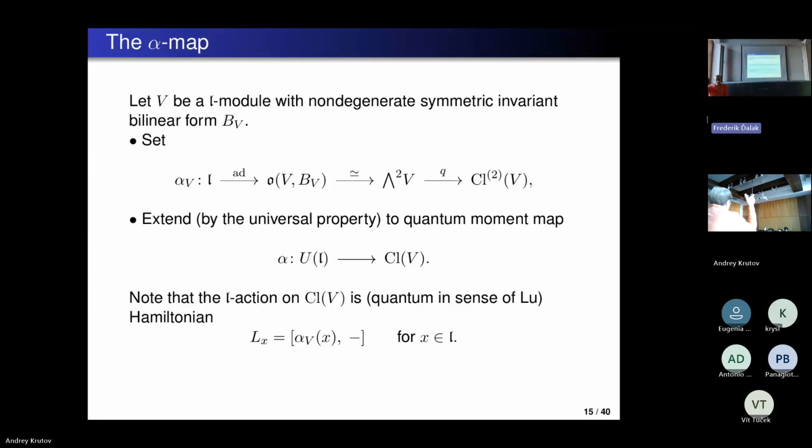So we can just take supercommutators in this case. That's why it's called a quantum moment map, but it also fulfills the definition that was given by Newton. And in Hopf algebra matters, it's called the inner action. So it's a generalization of the adjoint action of the Hopf algebra.